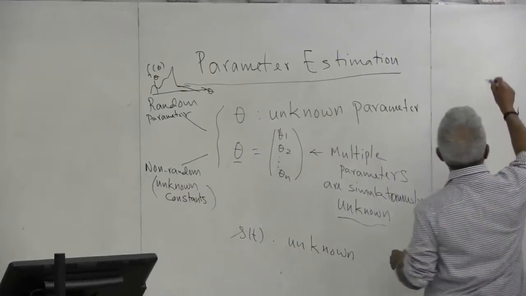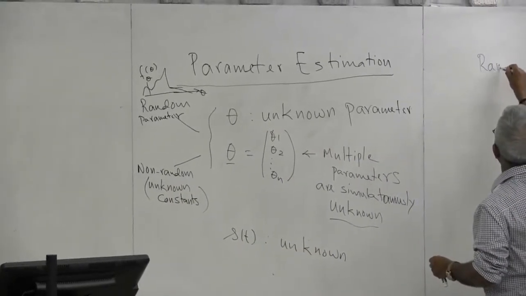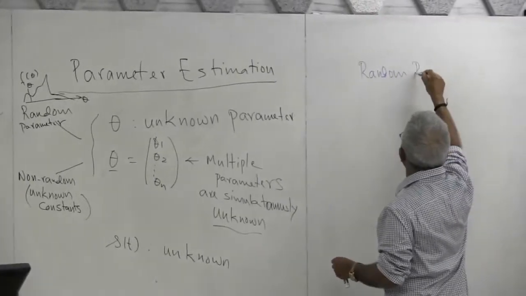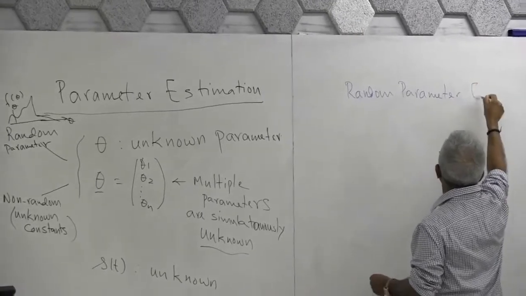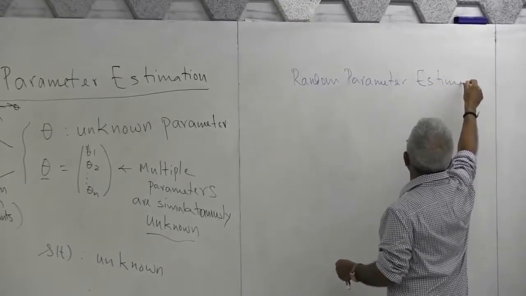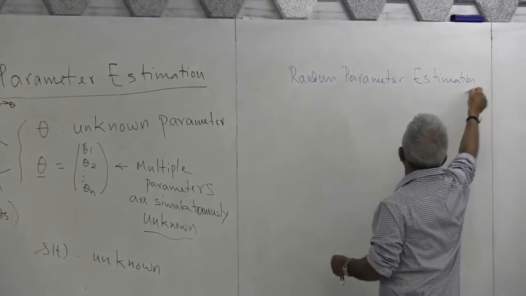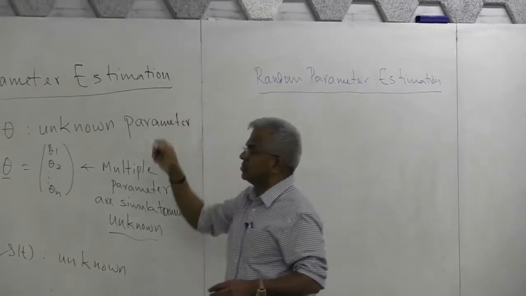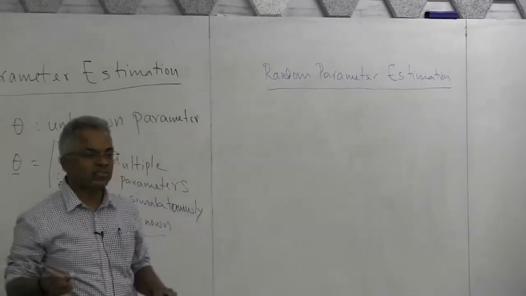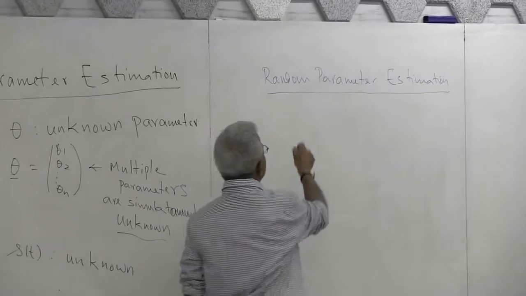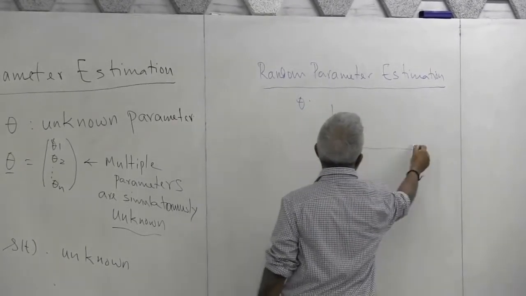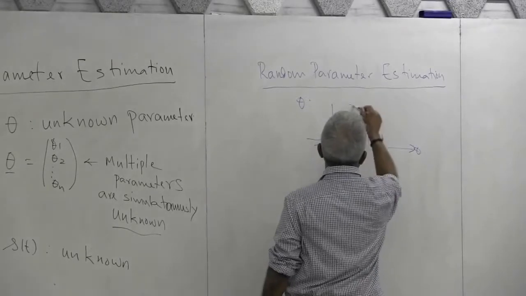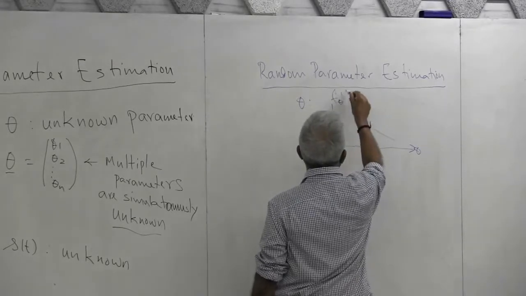So today is random parameter estimation. I have motivated you with all sorts of examples. When you say the parameter theta is random, all it means is that theta also has some density function.